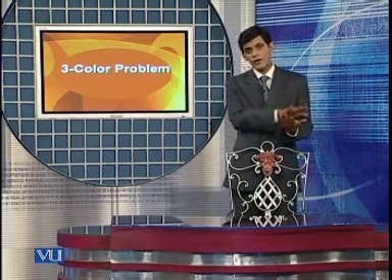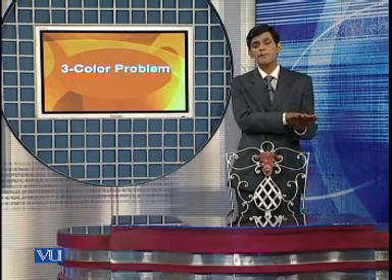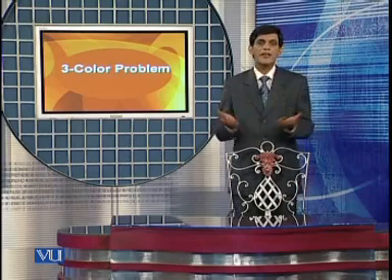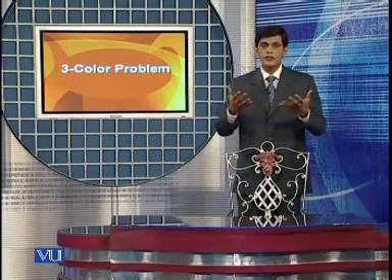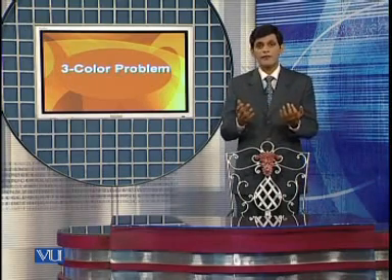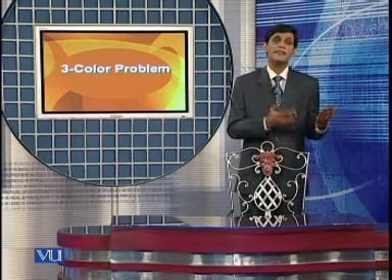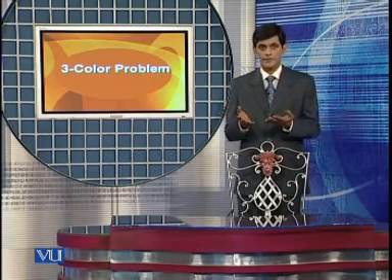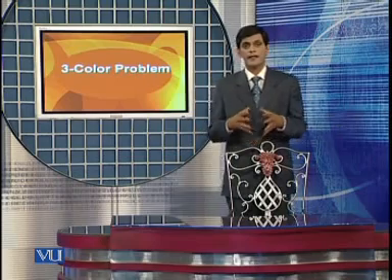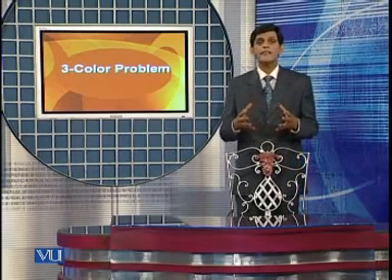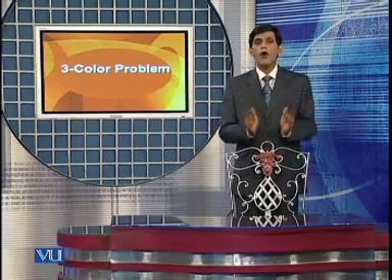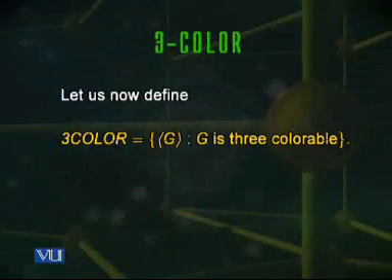So, if I give you a graph, it may be three-colorable or not. And the three-colorability question is to take as input a graph and be able to tell whether the graph is three-colorable or not. So formally, the language 3-color is defined to be the set of all encodings of graphs that are 3-colorable. So let us define 3-color to be the set of all G such that G is 3-colorable.